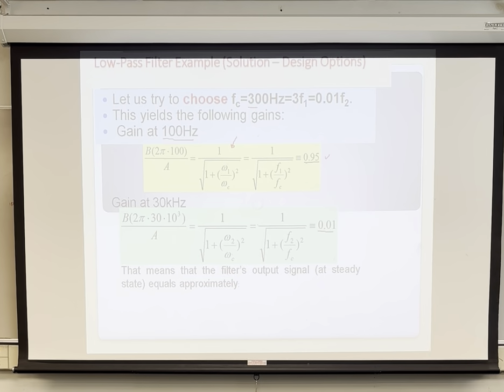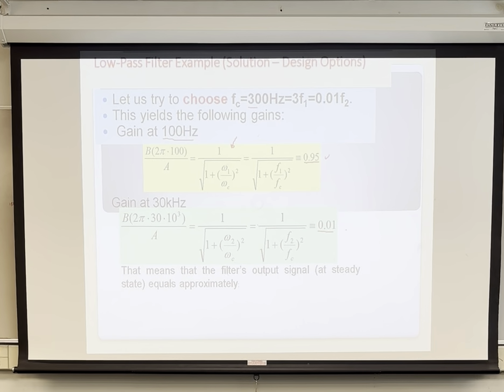So 20 log of 0.01 is going to be a large negative, converting it to decimal. 20 log of 0.01, correct? Yes, it's negative 40.